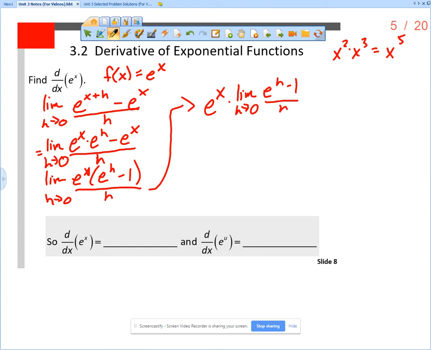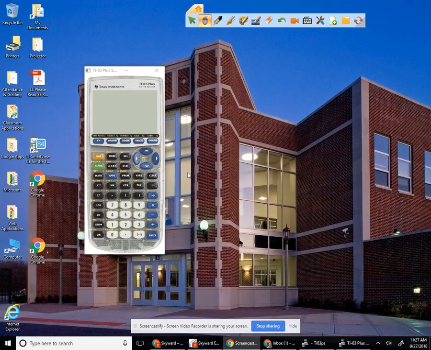Now, in order to solve this limit, we're going to need to go to a graph. So I'm going to graph e to the x minus 1 over x. On my calculator, I go to y equals, and I graph e to the x minus 1, all of that divided by x.